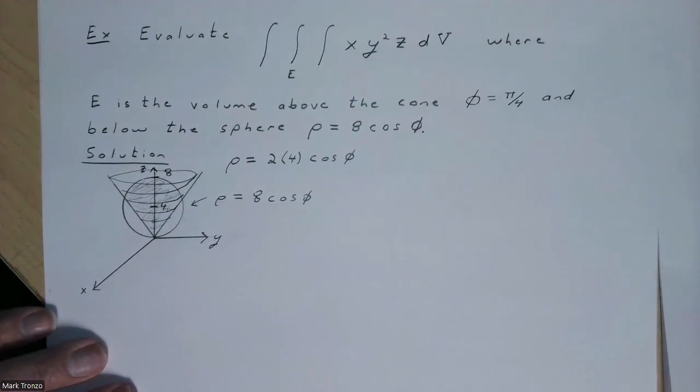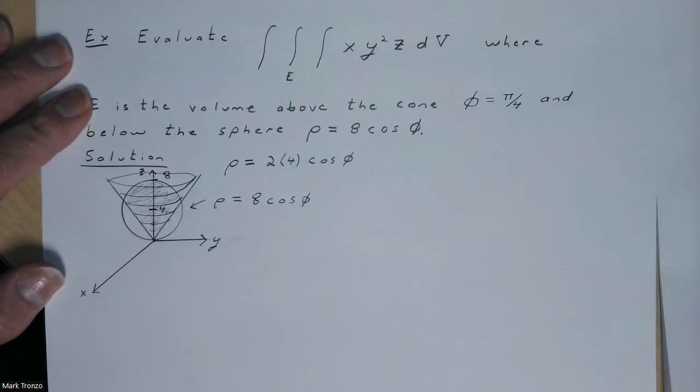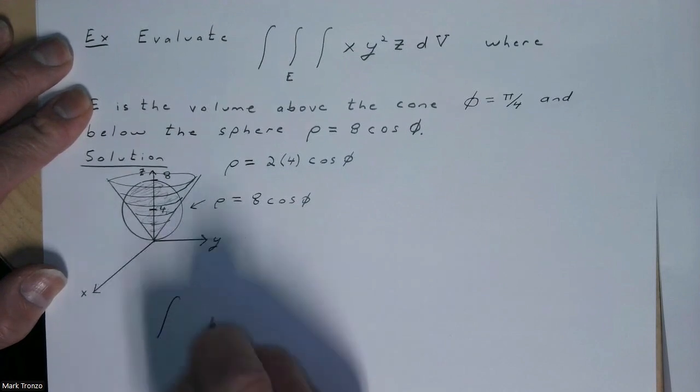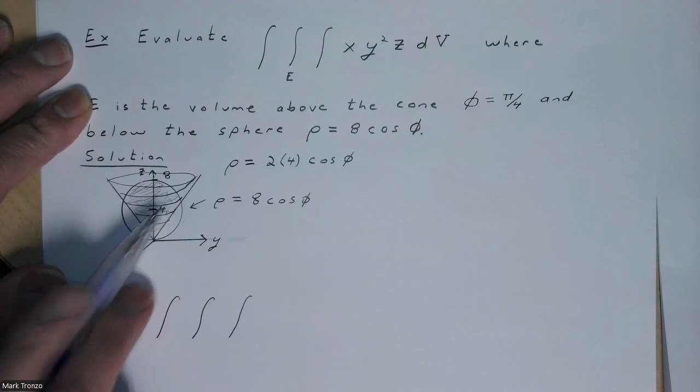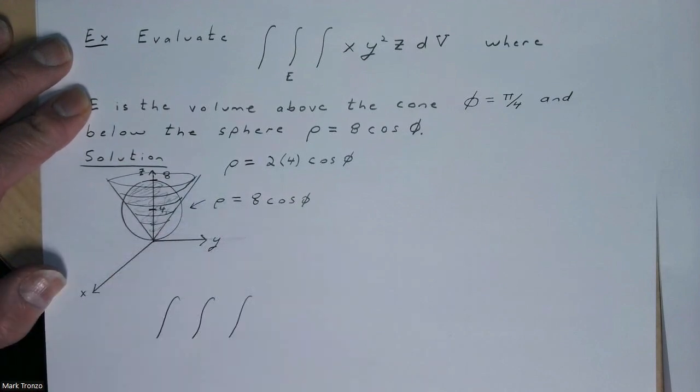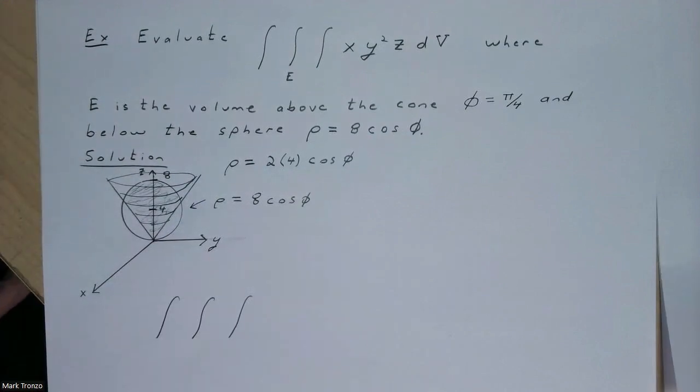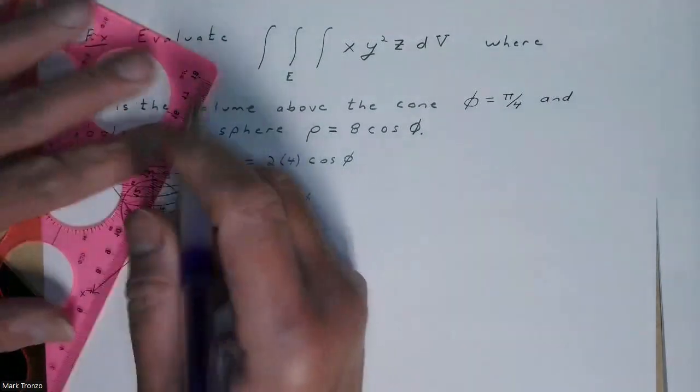So now again, when we set up this integral, it's helpful to put arrows in the positive rho direction. Let's say we want to do rho first. Put arrows in the positive rho direction, similar to what we did in the last problem, but here it's even more important. That kind of helps us to see what's going on.